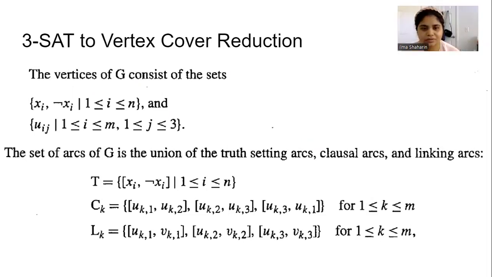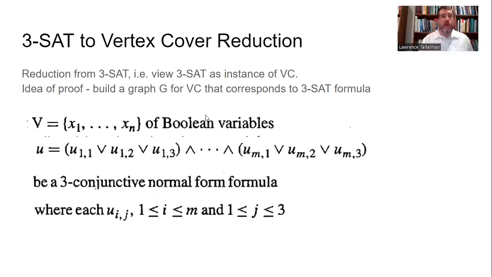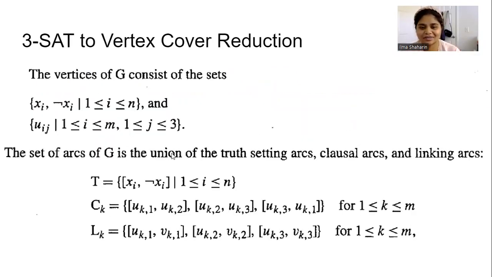A clause begins here and ends there. 3. And if it's 4-SAT, there'll be 4. If it's 5-SAT, there'll be 5. So in conjunctive normal form, each clause has the same number. Now this is 3-SAT. That's the one we care about. The only problems we care about are 3-SAT and vertex cover.